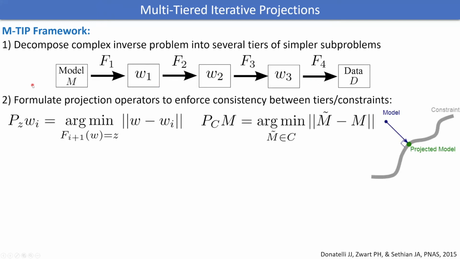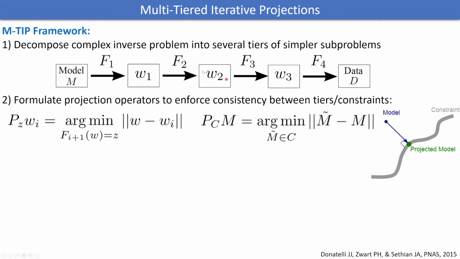And so what we want here is to develop a series of projection operators to enforce consistency in this decomposition, as well as any other physical constraints that you want to impose on the model, like the support or positivity, symmetry, things like that. So for each of these tiers, say at the W3 tier, we want to develop a projection operator that projects a current estimate of W3 to the closest thing that maps to the data D through the F4 operation.